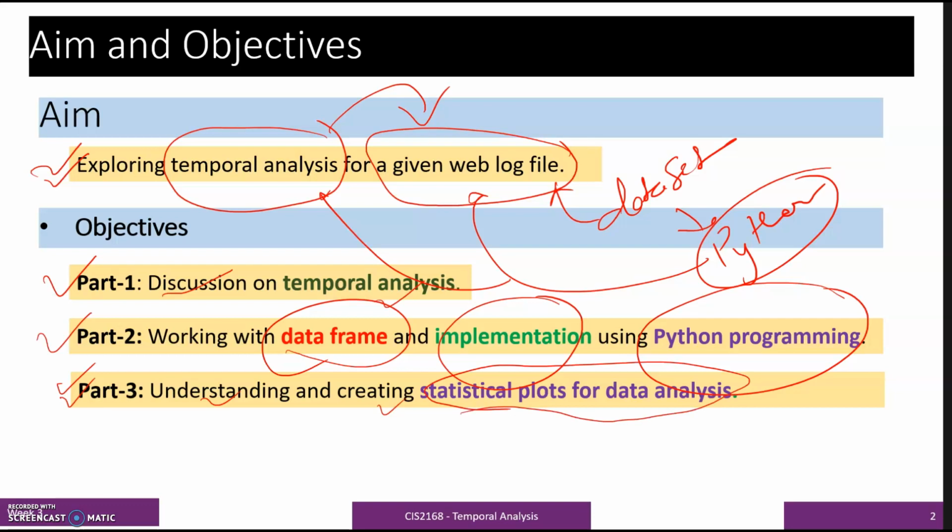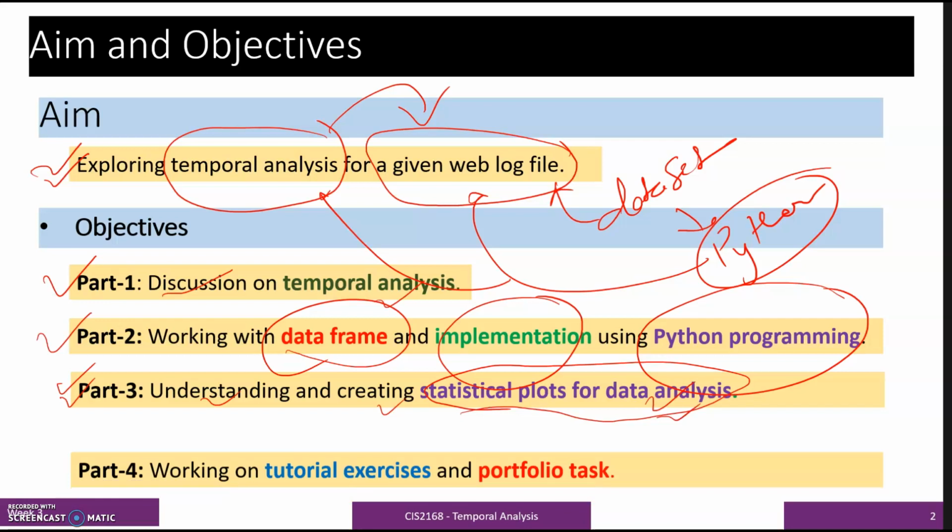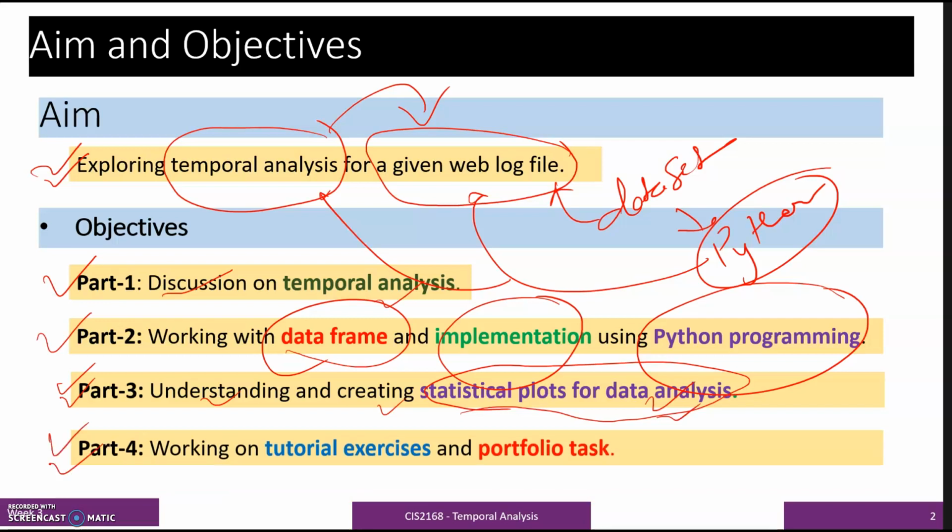So we will create different plots and we will learn how to analyze the statistical plots for data analysis. The last objective, that is part 4, will be on tutorial exercise and portfolio task. In this session we will work on part number 1, that is discussion on temporal analysis.